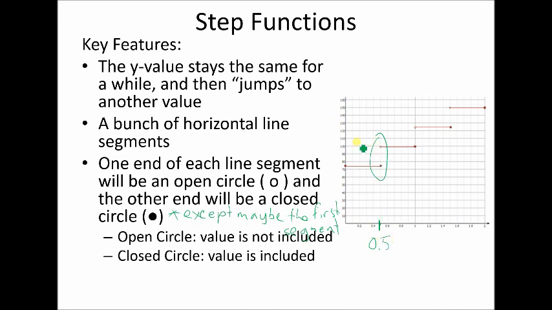Once at around 75, and once at 100. So when this x value is 0.5, we have to ask ourselves, is it 75? Is it 100? Is it both? What's going on here? And this is where that closed and open circle come in very handy.